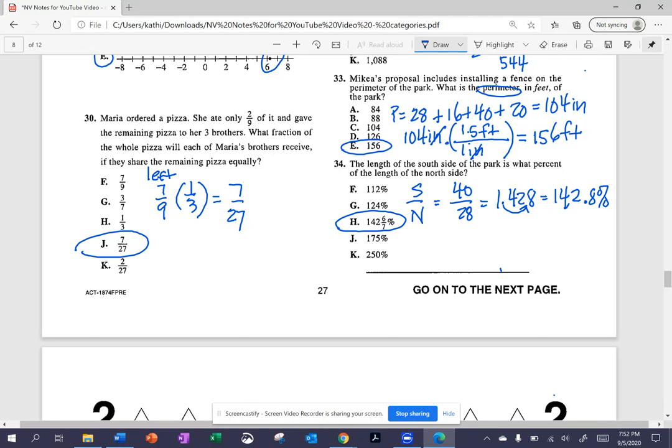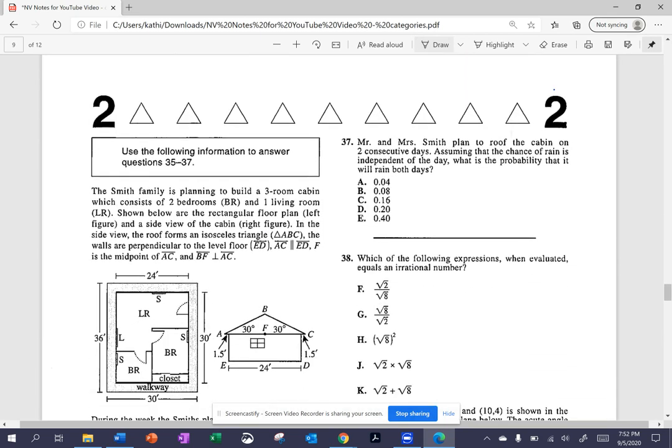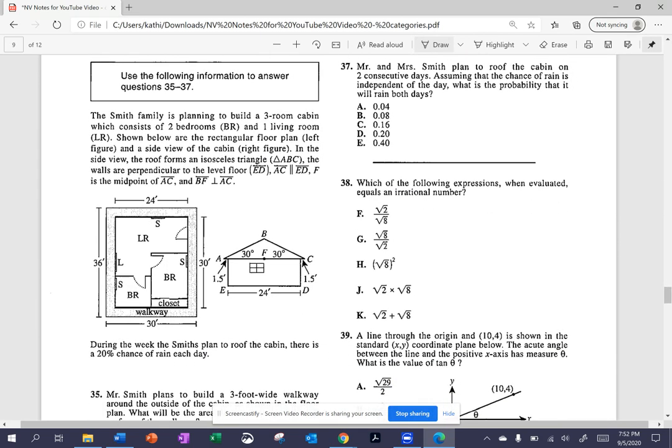Okay, let's try number 35. The Smith family is planning to build a 3-room cabin, which consists of 2 bedrooms and 1 living room. Shown below are the rectangular first floor (left figure) and a side view of the cabin (right figure). In the side view, the roof forms an isosceles triangle. The walls are perpendicular to the floor.